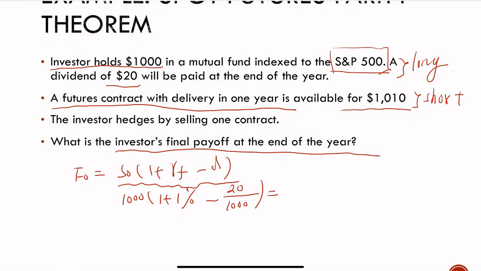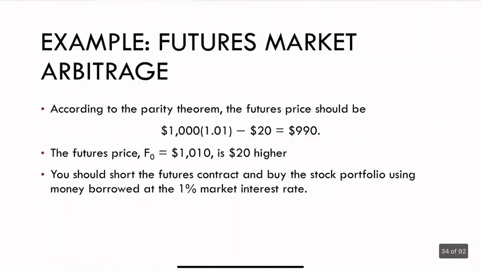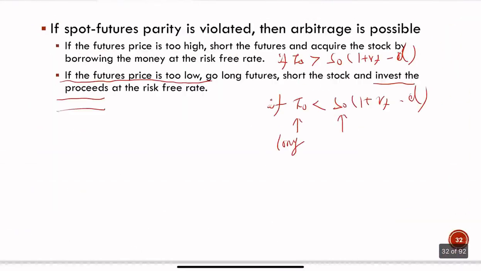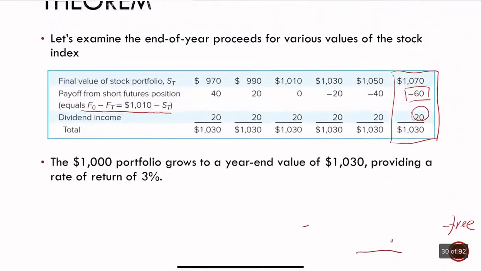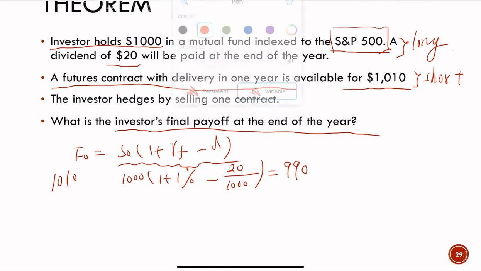So this would actually give us, okay, let me copy the answer here. 990. So it's 990. And then what is F0? Well, it's today's futures price. So it's just 1,010.